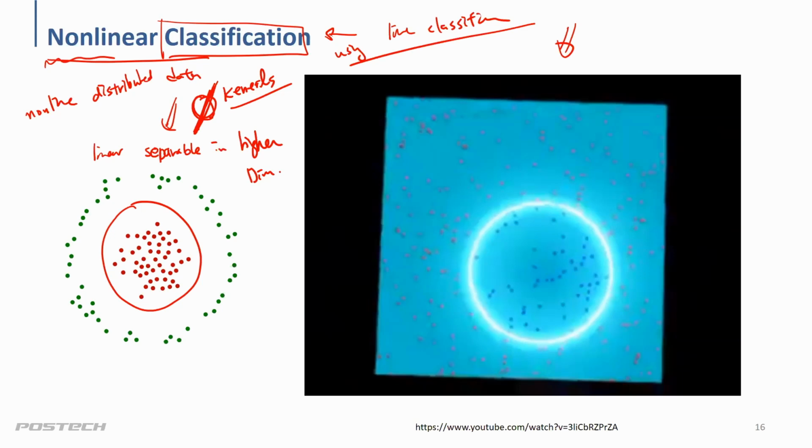Now it's a linear classification problem in the higher dimensions. Then we know how to do it using linear classification: it could be logistic regression or SVM or even the perceptron.